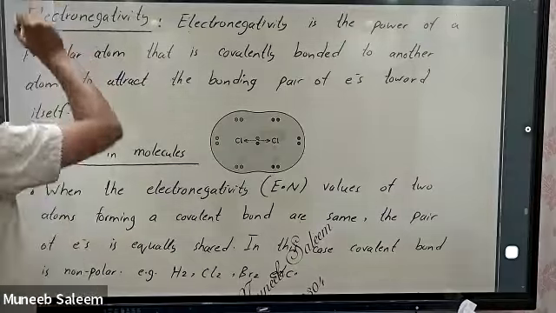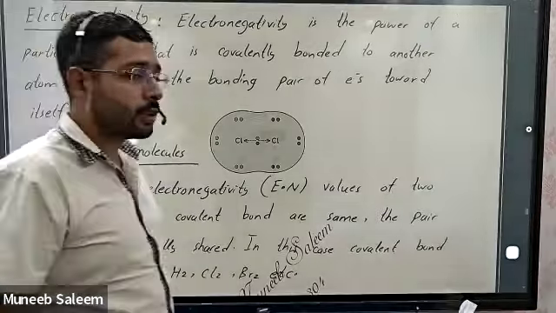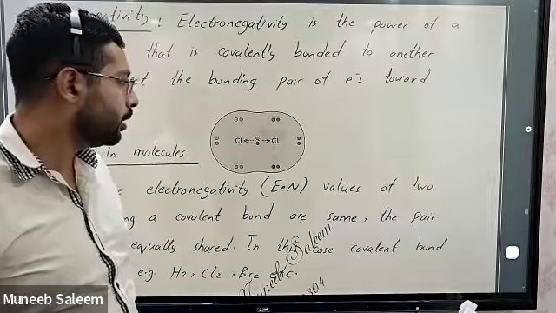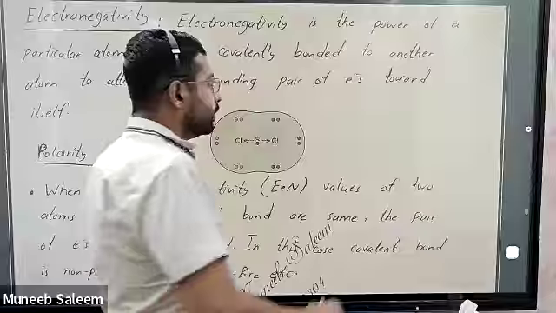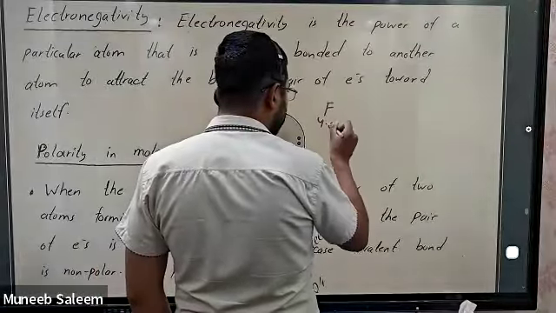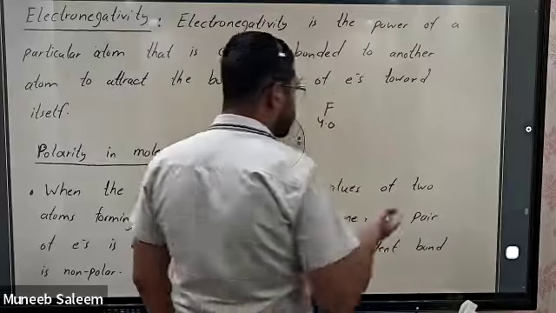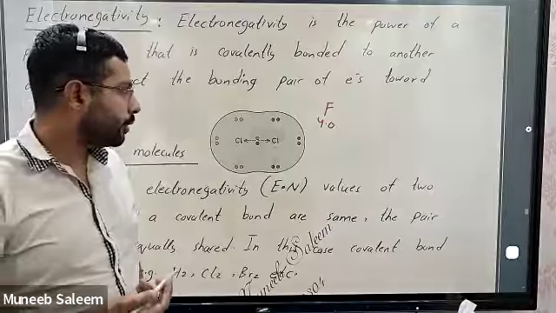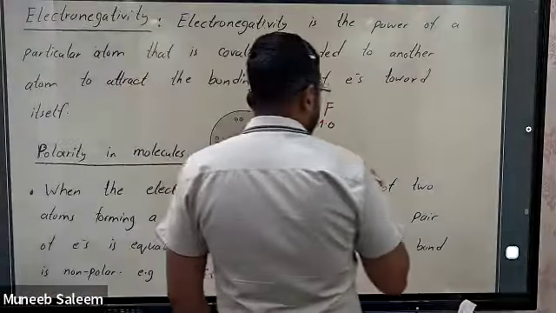The electronegativity is basically calculated on a special scale which is called the Pauling scale. According to that, the value for fluorine has been given as the maximum value, 4.0, and all the other elements will have values lower than this 4.0.